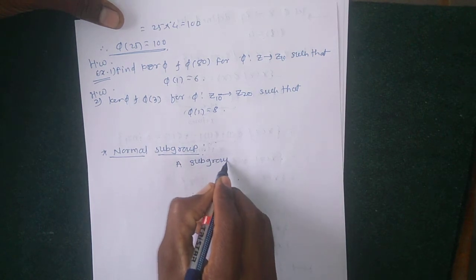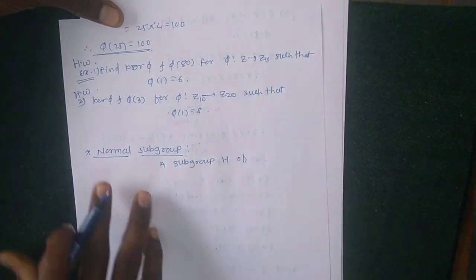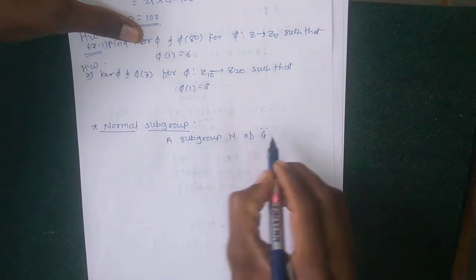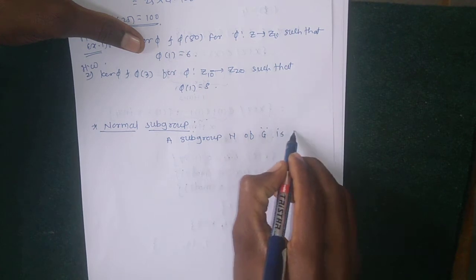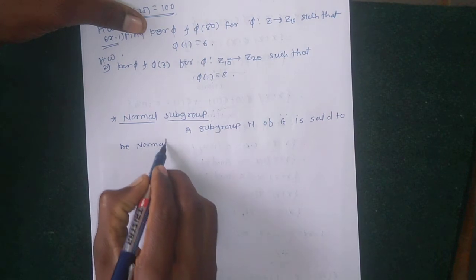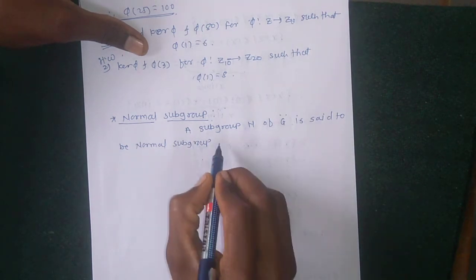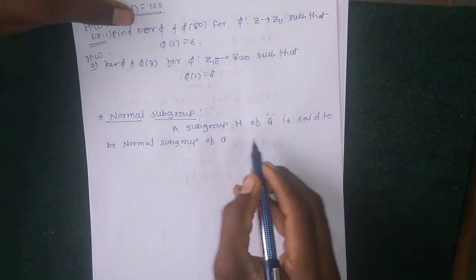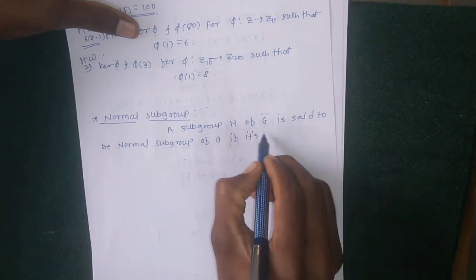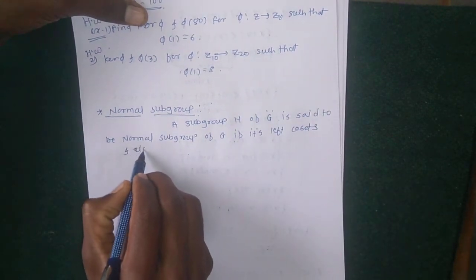A subgroup H of G is said to be a normal subgroup of G if its left cosets and right cosets are the same.